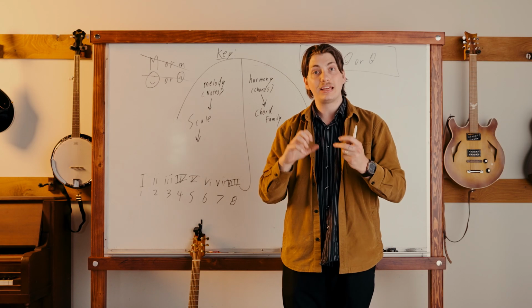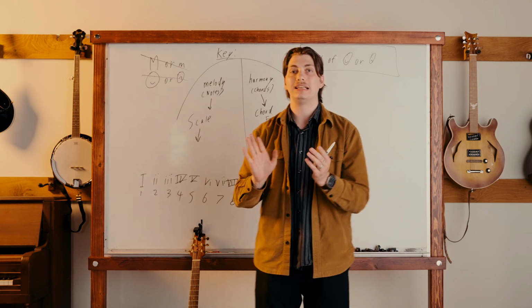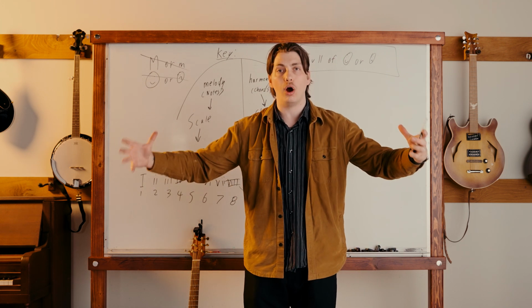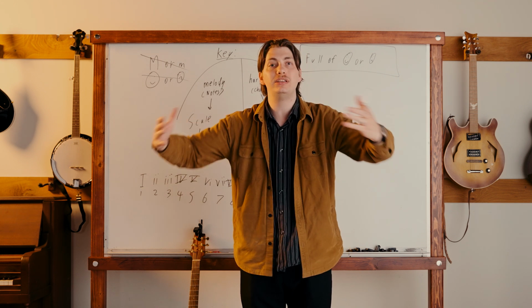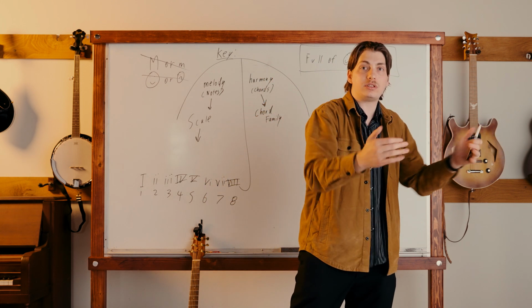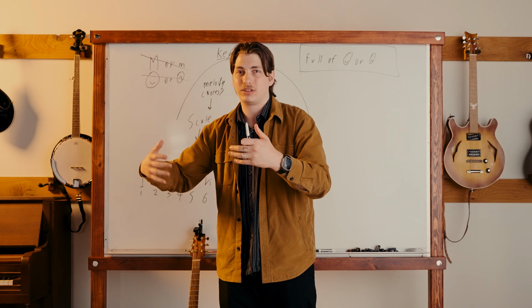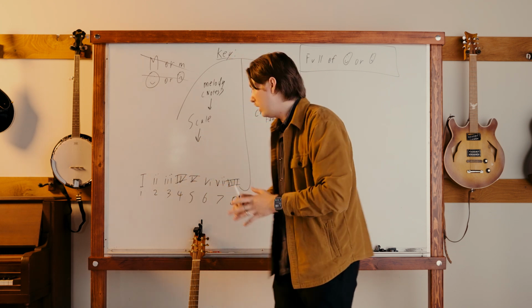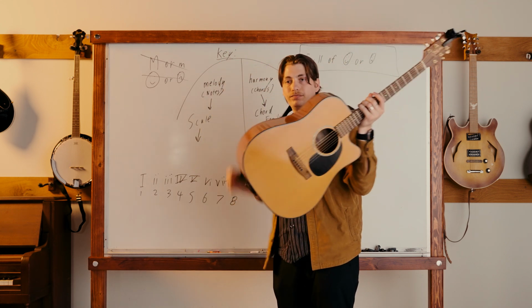Now, the word key in music, this is all it refers to, is a group of notes, a group of sounds that sound good together. There are some groups of notes that sound good together and some groups of notes that don't sound as good together. So there are keys. So like if I go like this.